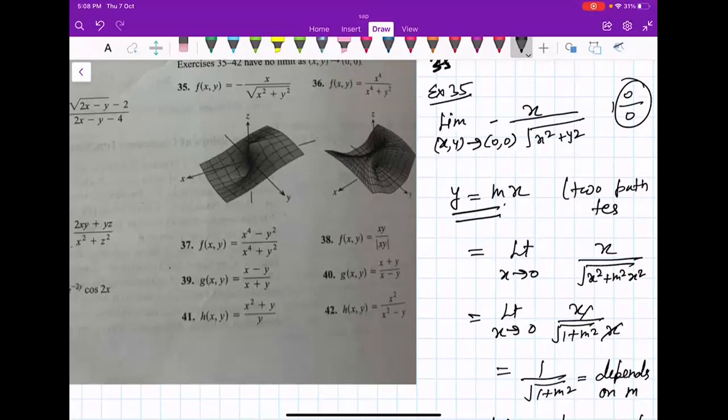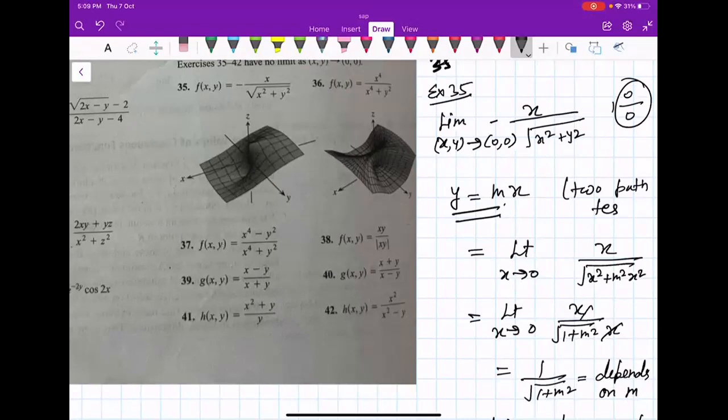So what we have discussed in this class today, we have discussed the function of two variables and limit of the function of two variables, two-part test. Okay, and two-part test is basically for non-existence of the limit.